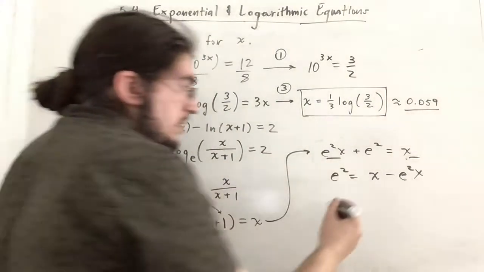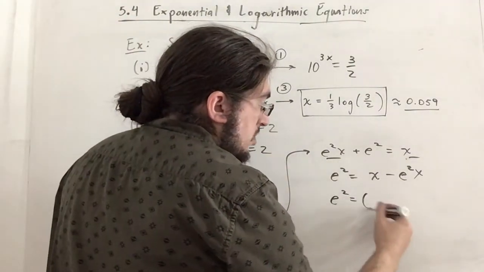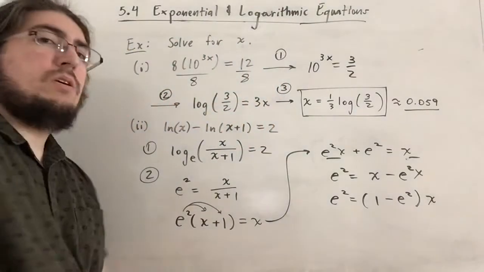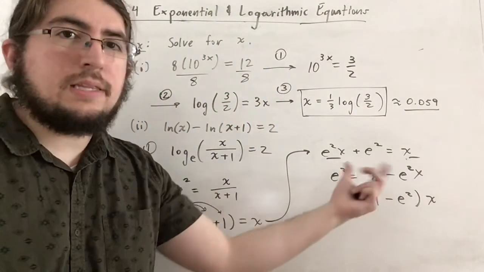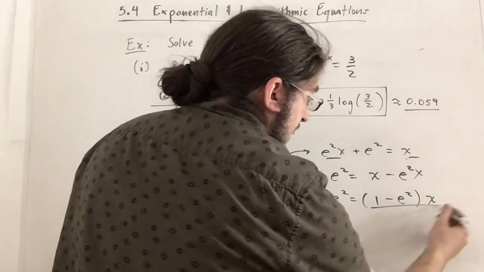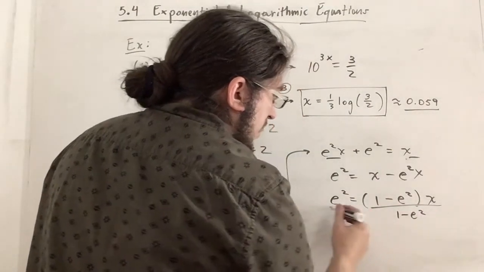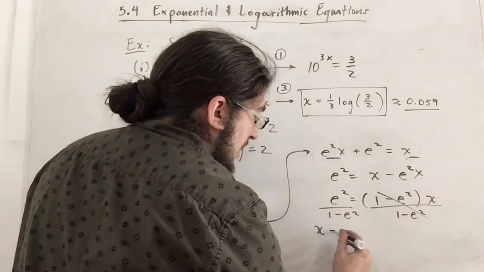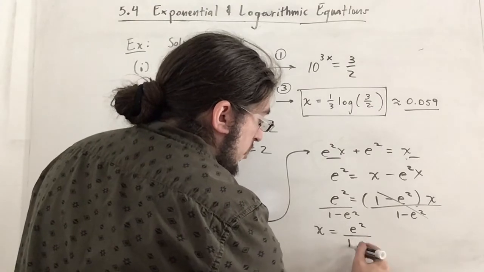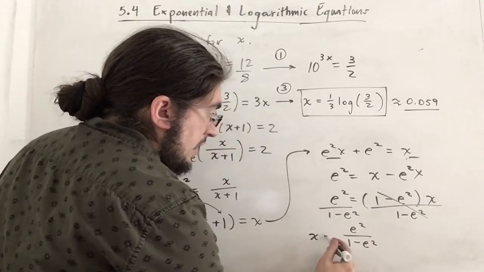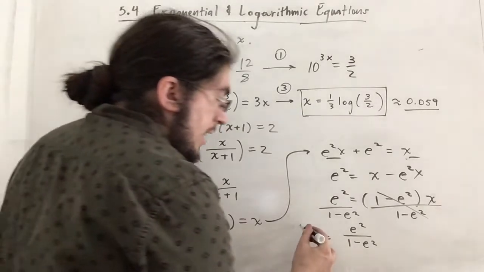So if you factor it out, you get e squared is equal to 1 minus e squared all times x. Of course, if you distribute this x back in, you'll see that this indeed makes sense. And then finally, dividing both sides by 1 minus e squared gives us our answer. So we get x equals e squared over 1 minus e squared. And if you want to approximate this using your calculator, you certainly can.